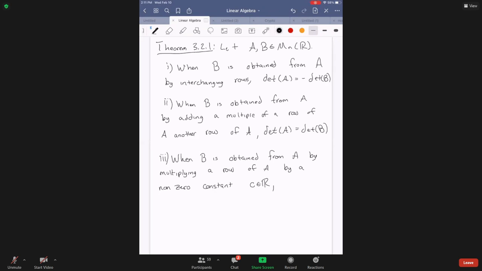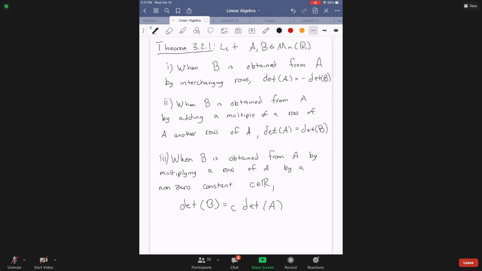What happens? Well, the determinant of B is simply equal to C times the determinant of A, okay? That's only if you multiply one row, okay?